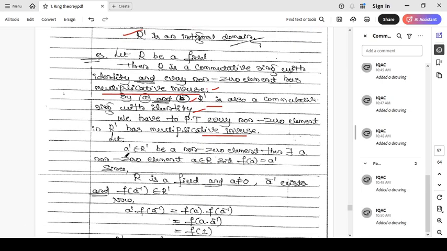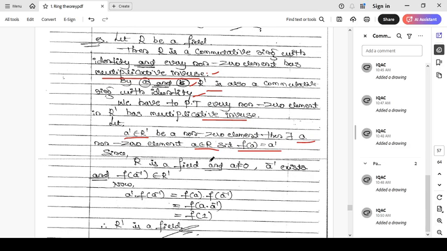So if I take A dash belonging to R dash to be a non-zero element, then obviously there is a belonging to R such that f of a is equal to A dash, I can write down. R is a field, right? So a must be non-zero. Why?